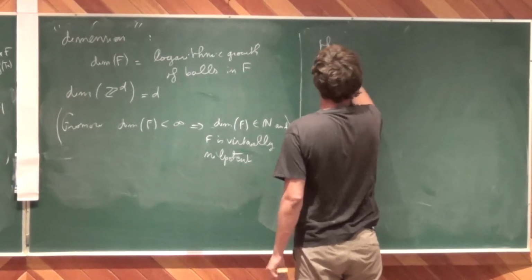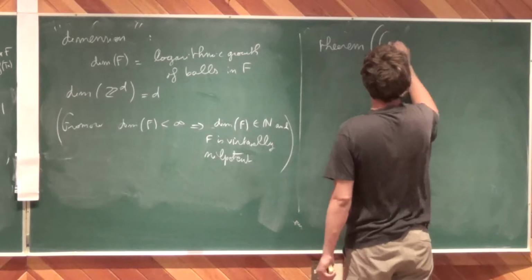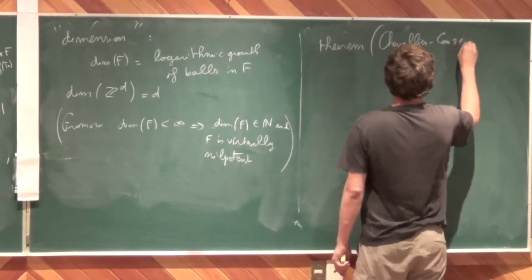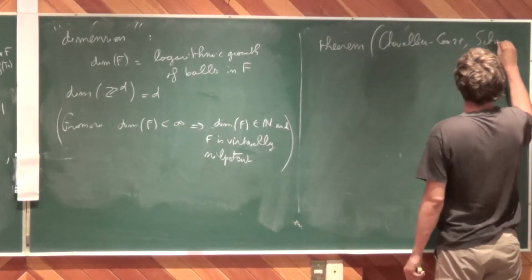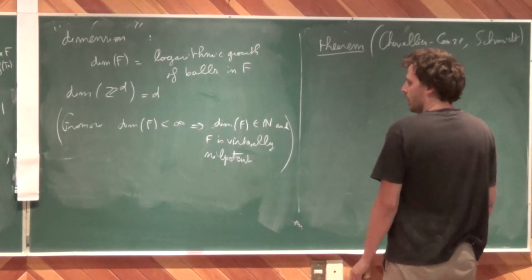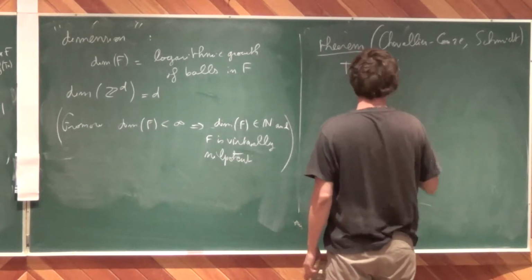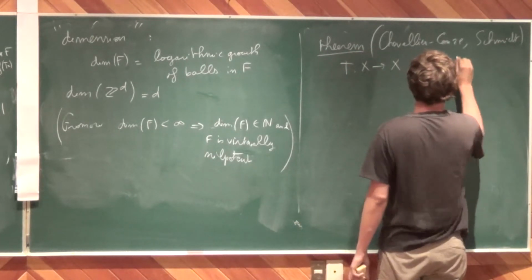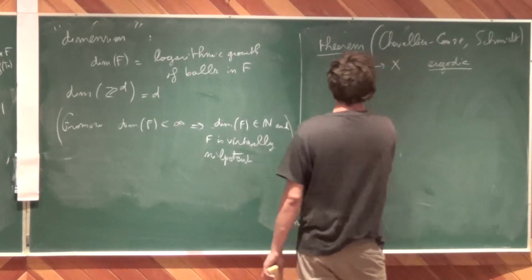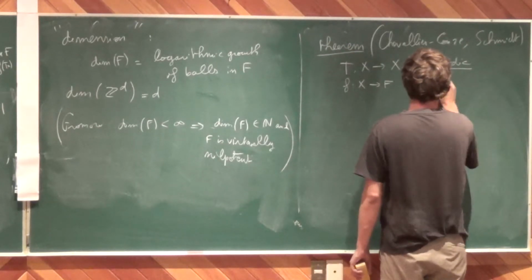So this is the theorem, and that's not my theorem. It is not written like this in the literature, but you can manage it. You pick, as before, T from X to X ergodic, and this is important. You pick your function f from X to F, let's say with finite image.